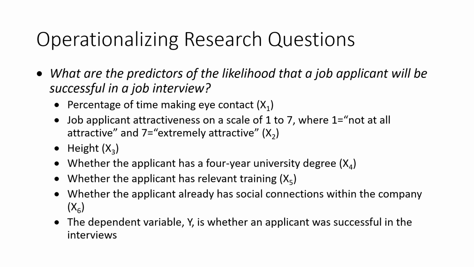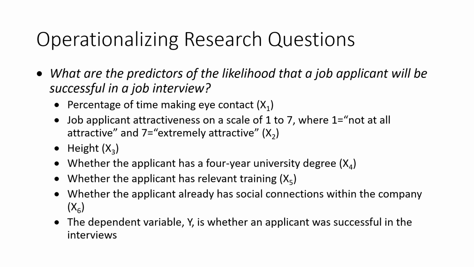Whether the applicant has a 4-year degree, so here's a dummy variable, a dichotomous variable, which you could ask, do you have a 4-year degree, yes or no? That would be x4. X5 might be whether the applicant has relevant training to the job itself. So that would be another dummy variable, either yes or no. And x6 might be whether the applicant already has social connections within the company, right?